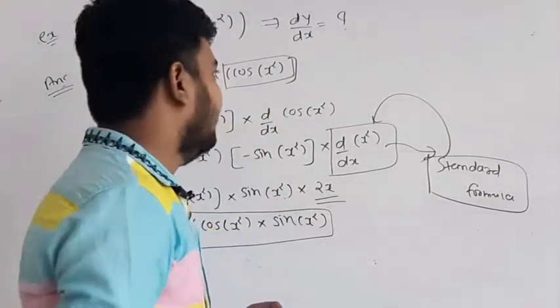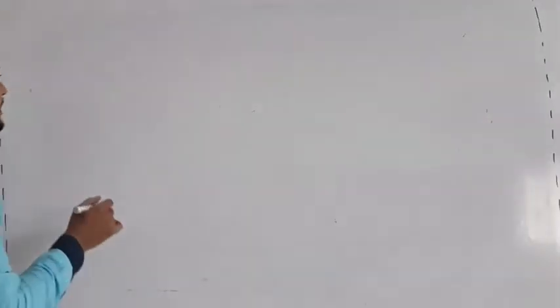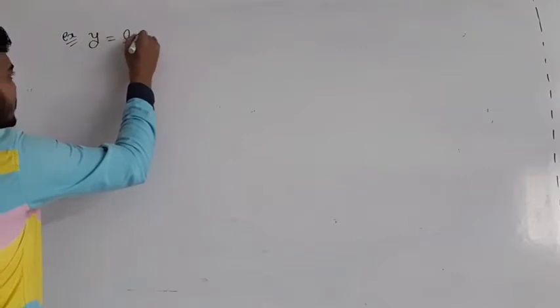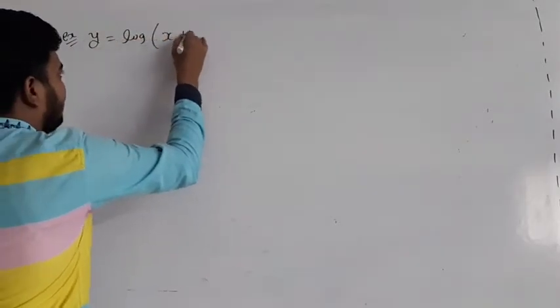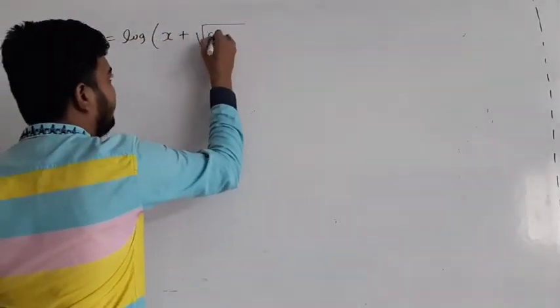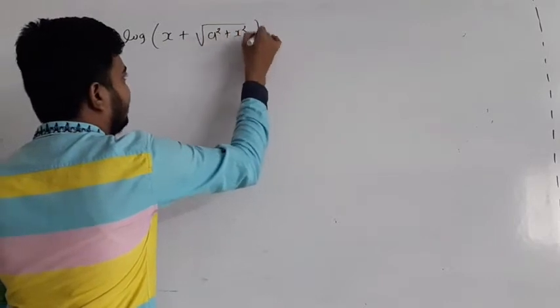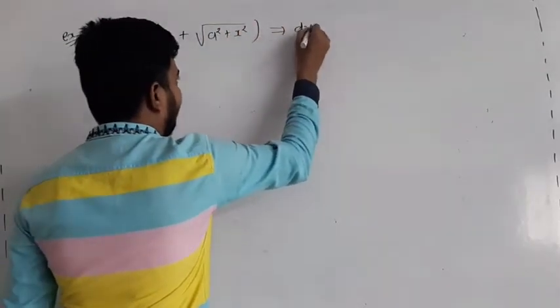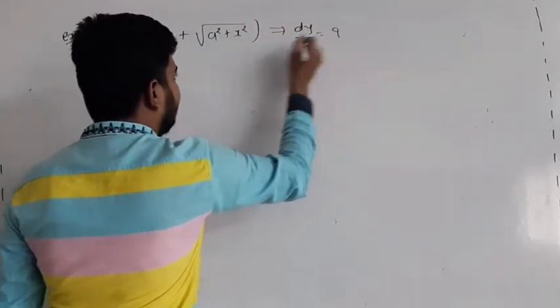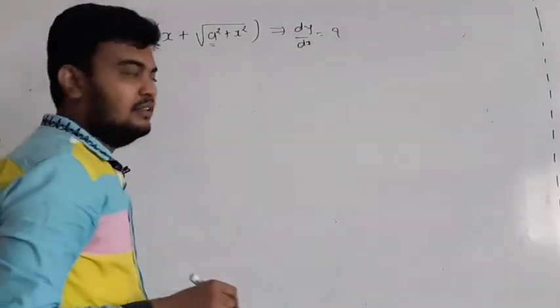Taking the next example. The next example is y equals log of x plus under root a square plus x square, and find dy by dx.